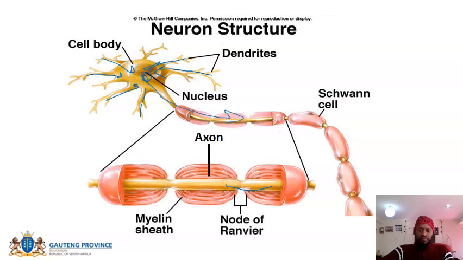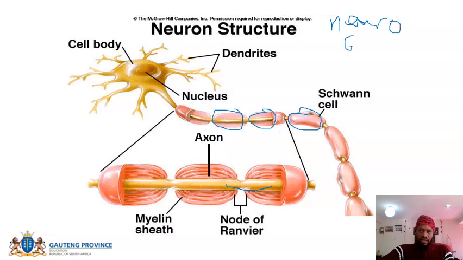Now, looking at the axon, we will notice some groups of cells around the axon. I have here one, another one, another one. These cells are referred to as neuroglial cells, or we can simply call them glial cells.